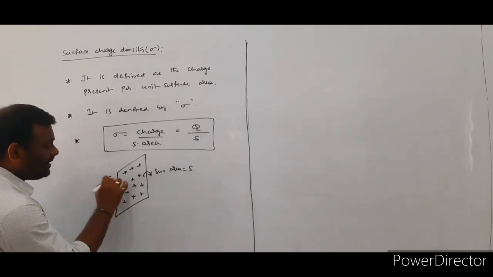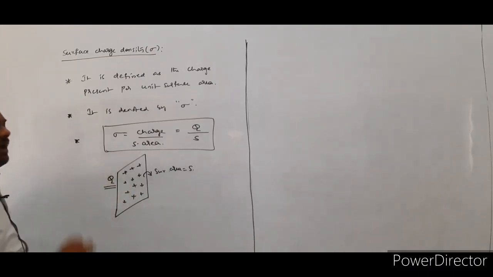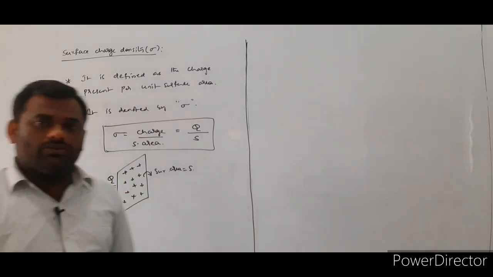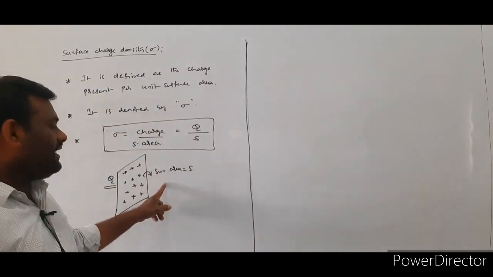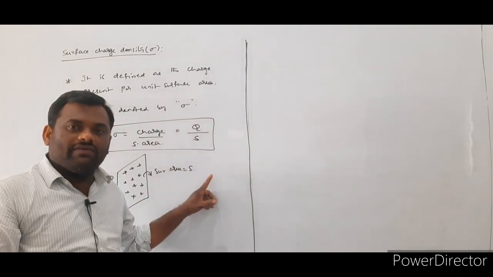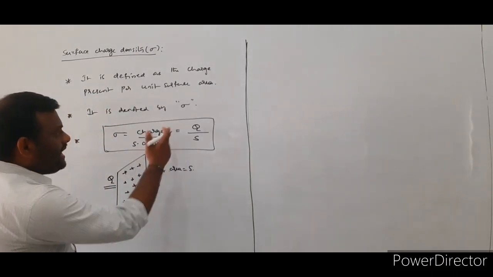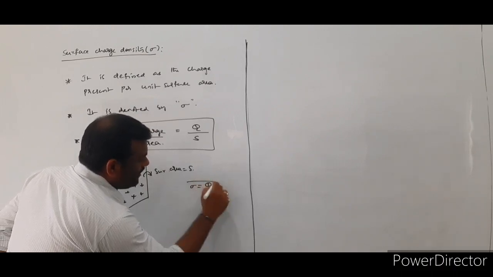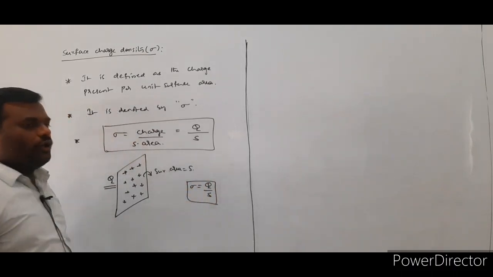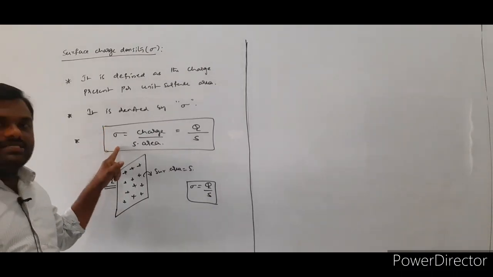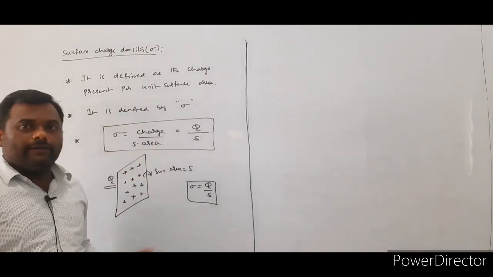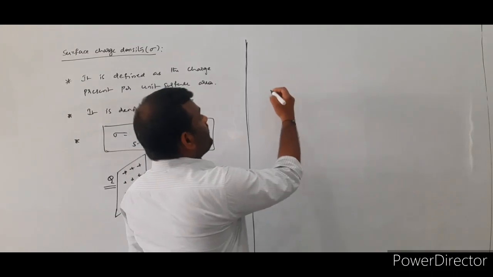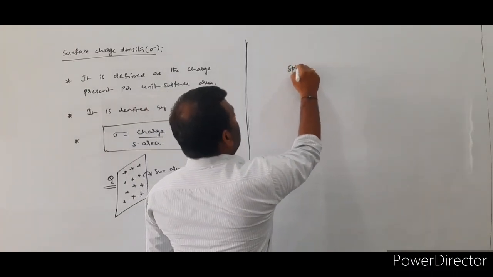Capital Q is the charge provided to the sheet and S is the surface area of the given sheet. According to the definition, sigma is equal to Q by S. Simply, surface charge density is equal to charge by area. Suppose we consider the spherical shell.